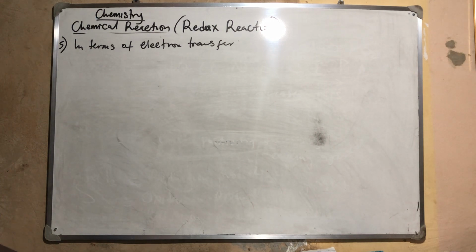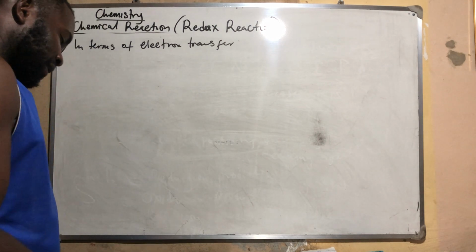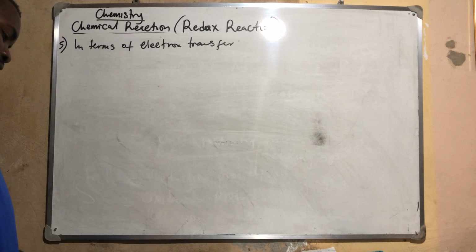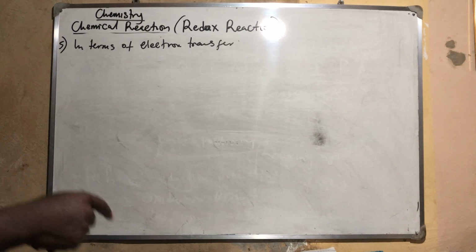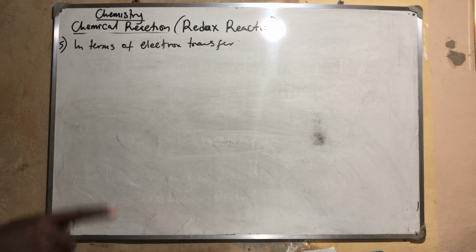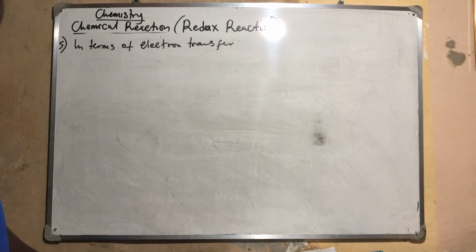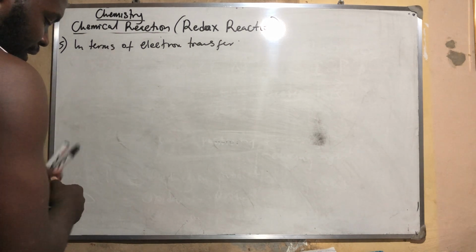Note that metals lose electrons while non-metals gain electrons. Therefore, metals are oxidized species as well as reducing agents, while non-metals are reduced species as well as oxidizing agents.